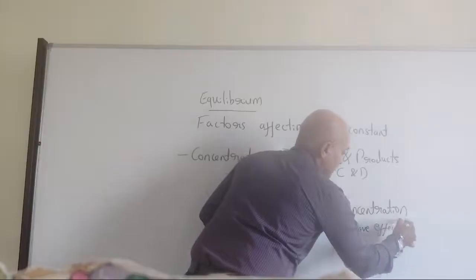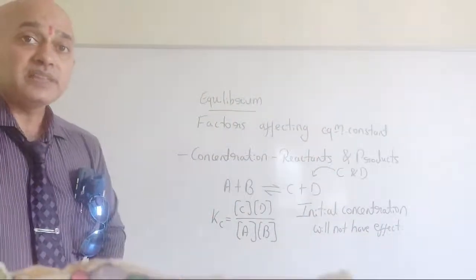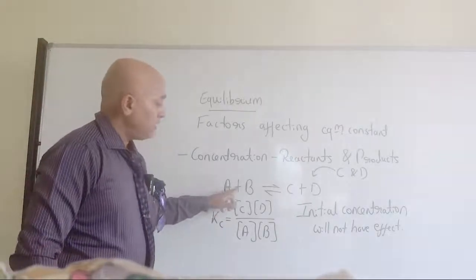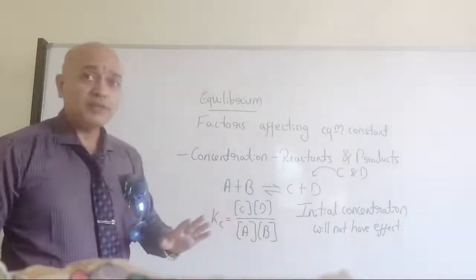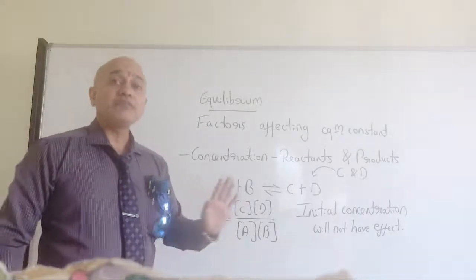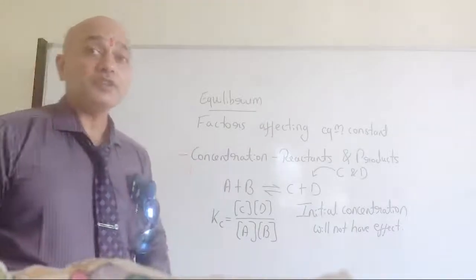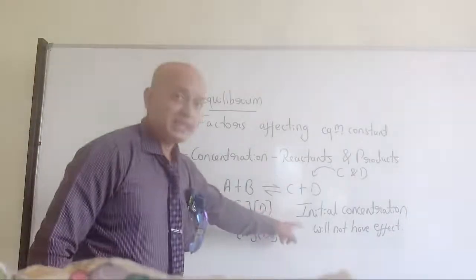Don't get confused. Whether I have started the reaction with 1 mole of A and 1 mole of B, or 0.5 and 0.5 mole, that is not going to affect the equilibrium. That's what the statement means.